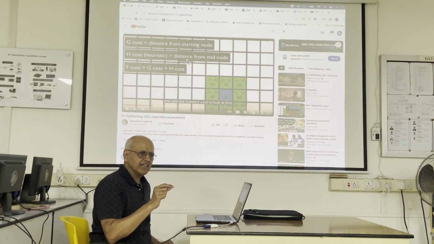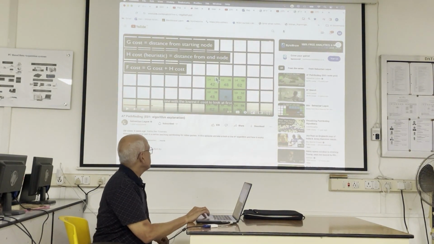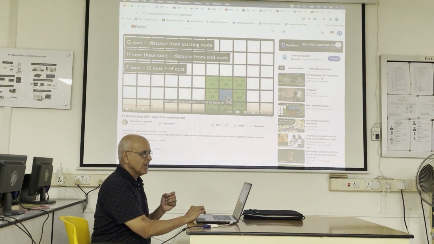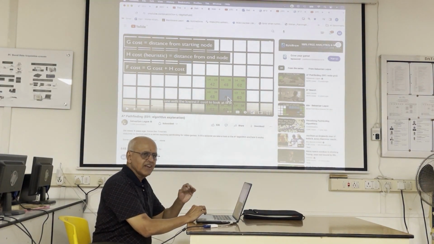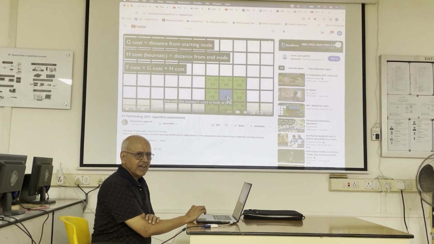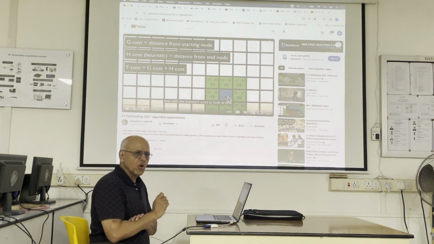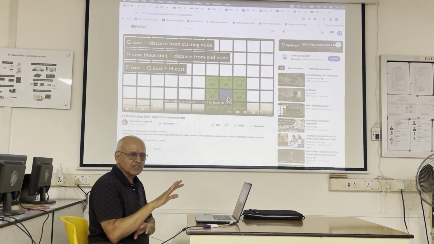The whole idea is that with these three numbers, once you have filled this out for all the cells around the starting node, you ask yourself, which is the next best cell to put on the path? And the answer is the one with the lowest F cost. In Dijkstra, there was no F cost.